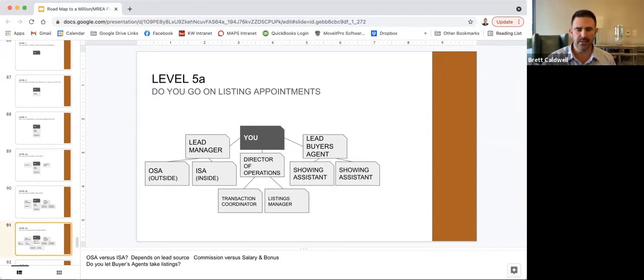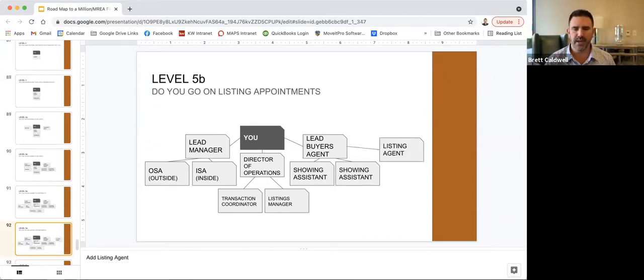But when you get to level 5B, you'll notice over to the right side, they added that listing agent role. And I see a lot of agents adding listing agents, and they'll start with somebody that doesn't go on database listings. They go on referral listings or listing leads that were created by OSAs or ISAs.